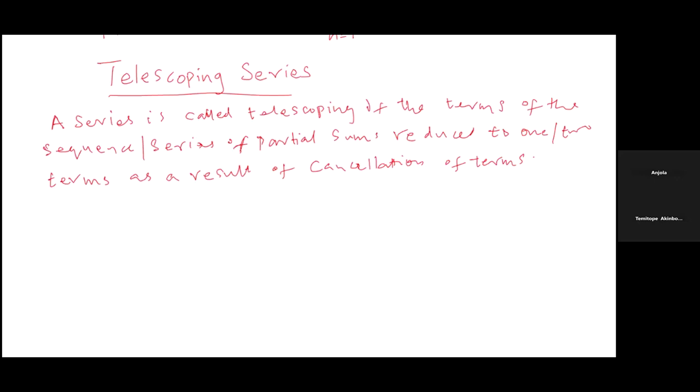So let's see this example. Have you written this? Yes, I have. Okay.